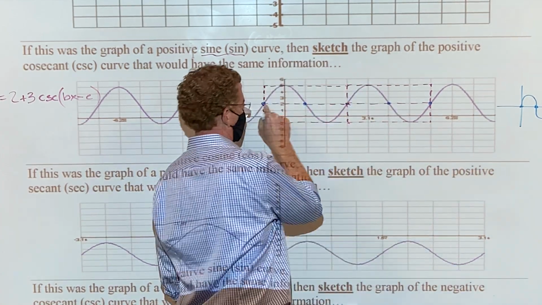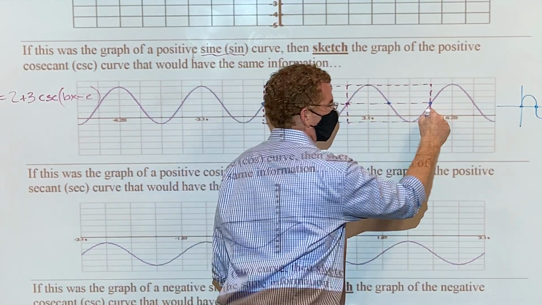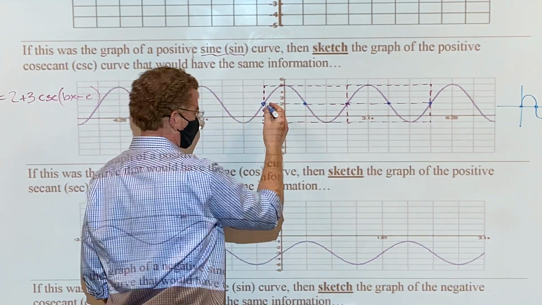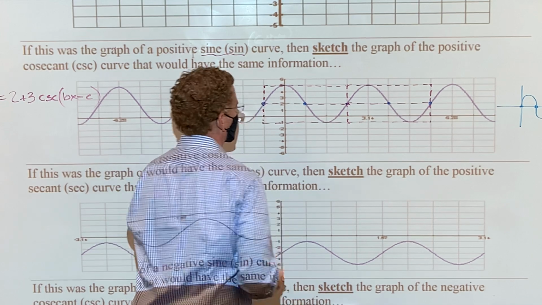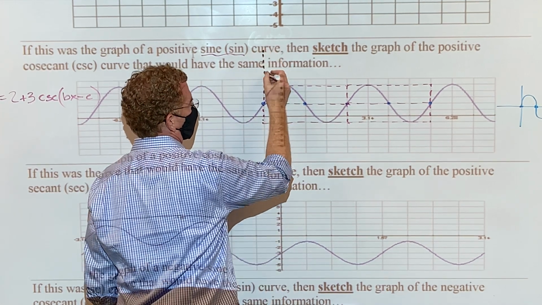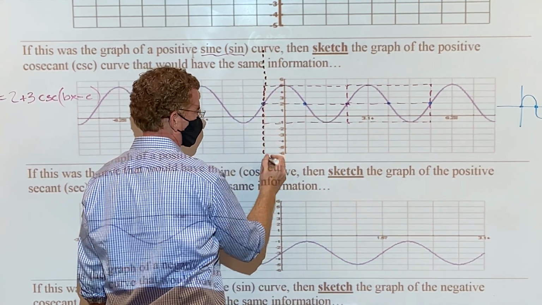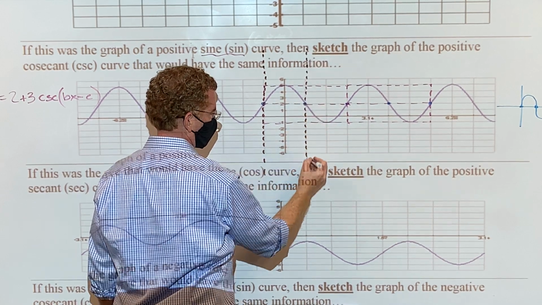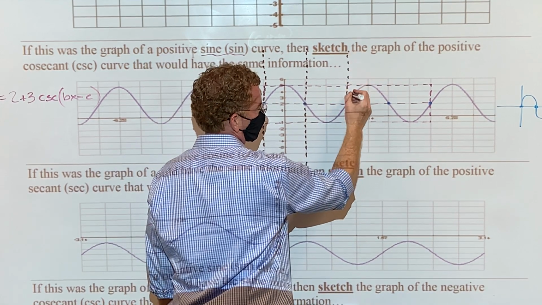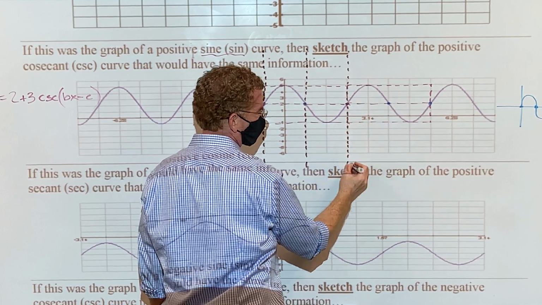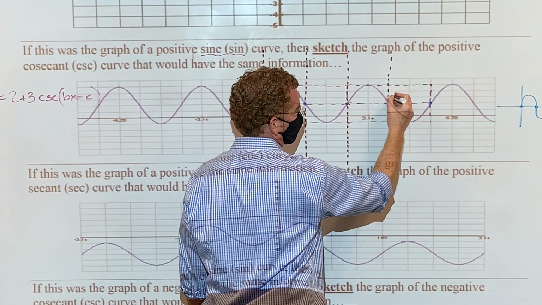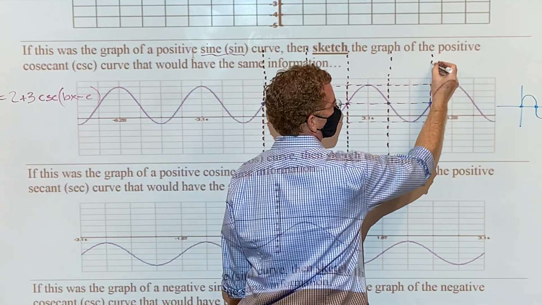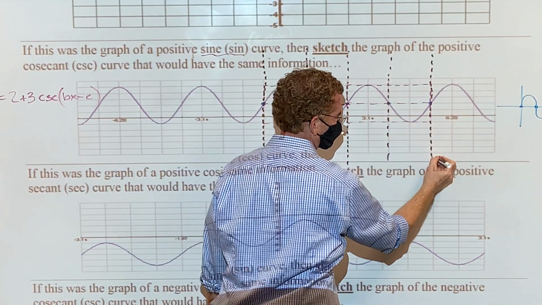So any place it hits that vertical shift, you're going to place a vertical asymptote because the cosecant curve will not exist there. So this is what you'll do differently. You'll graph that sine curve on there, and then you'll put a vertical asymptote at every place the graph hits the line y equals d.